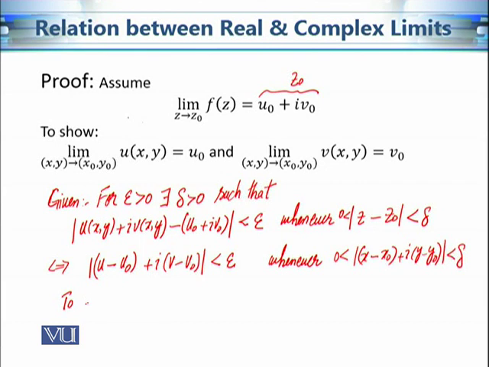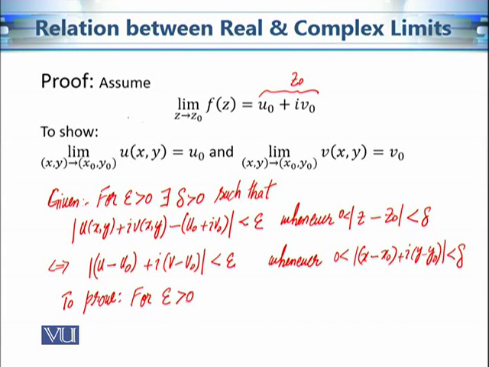Okay, so we want to prove that the limit as xy approaches x₀y₀ of u of xy is equal to u₀. That means that for epsilon greater than 0, this is the statement that we want to prove.